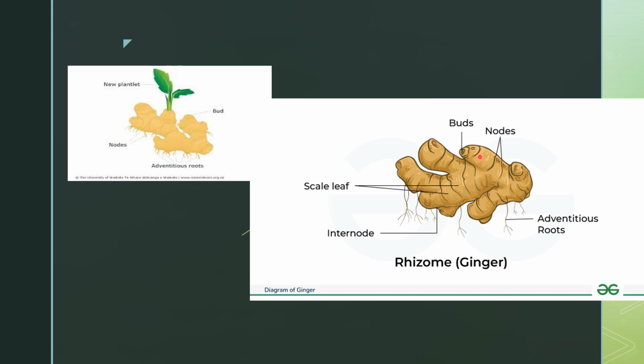It's ready to develop a new plant because it has buds, nodes, adventitious roots, and food inside. So ginger is the example for rhizome.